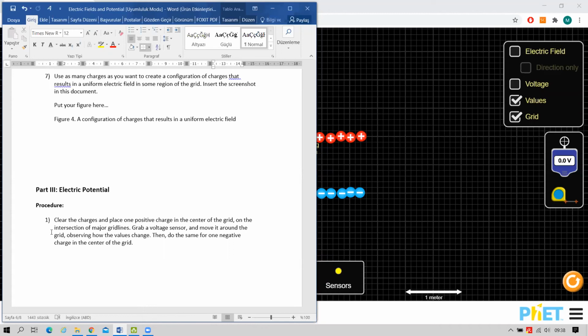You will see that the voltage sensor will always measure positive values for the positive charge, negative values for the negative charge, because voltage can be positive or negative. And also you will see that the voltage is inversely proportional to R, which is the distance of the point to the source charge.